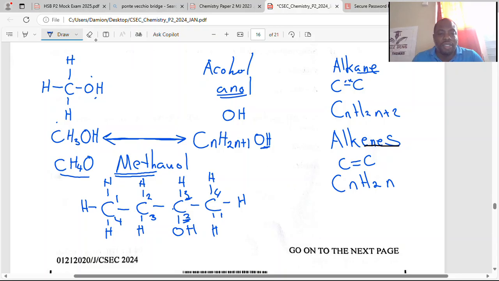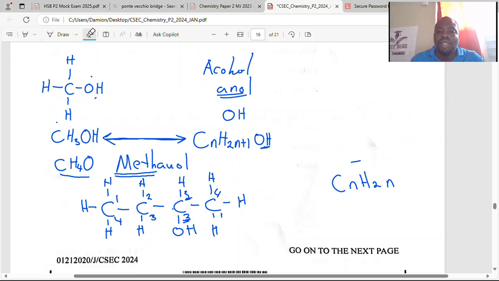So please apply that, because in the realm of these two compounds that we looked at a while ago, the alkenes and the alcohols, I'm going to discuss isomers with them quickly.